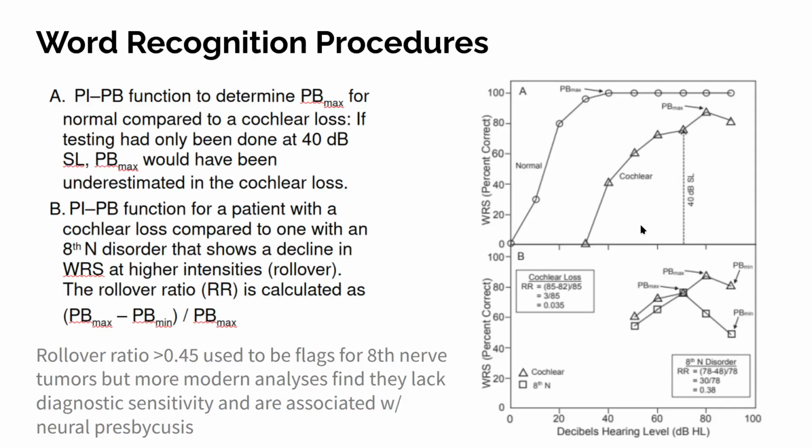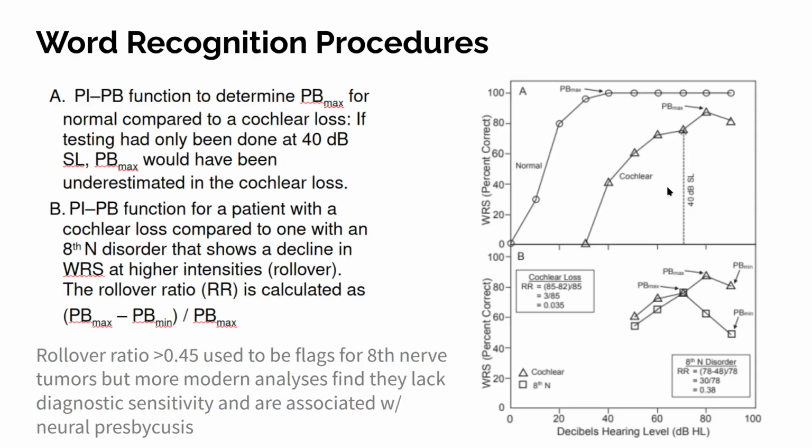And then we also have an example below where we have a PI-PB function for a patient with cochlear hearing loss compared to one with an eighth nerve disorder that shows a decline in word recognition abilities at higher intensity levels, aka rollover.